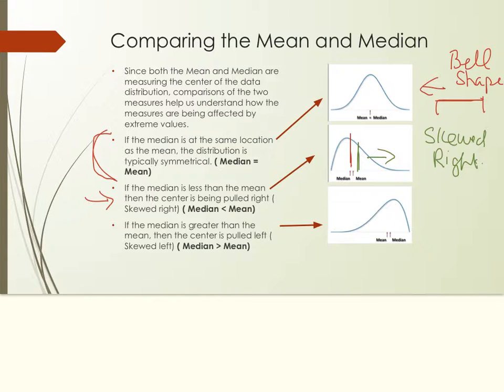If the median is greater than the mean, then the center is being pulled left. In this particular case, the median is over here, and the mean is to the left of it, so the center is being pulled to the left, and in this case it is skewed left.